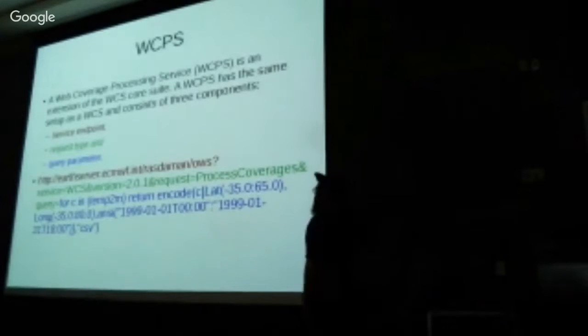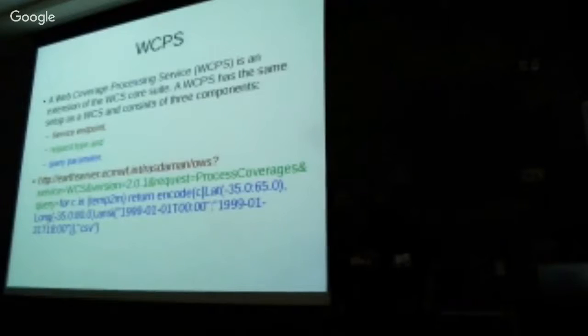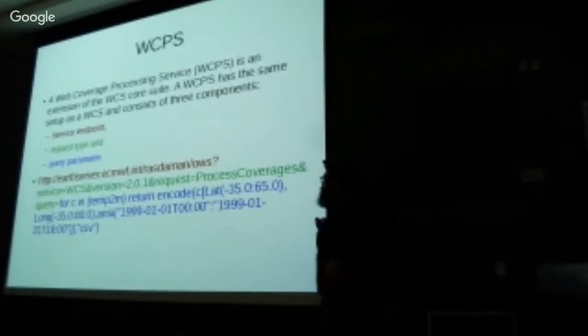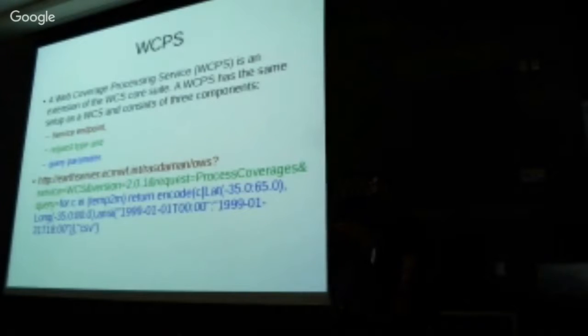So WCPS is basically an enhanced WCS. I'm showing you, it has three parts basically. The service endpoint, whatever you see in red, the request type in green, and the query in blue. This example query here is from ECMWF for two main reasons.